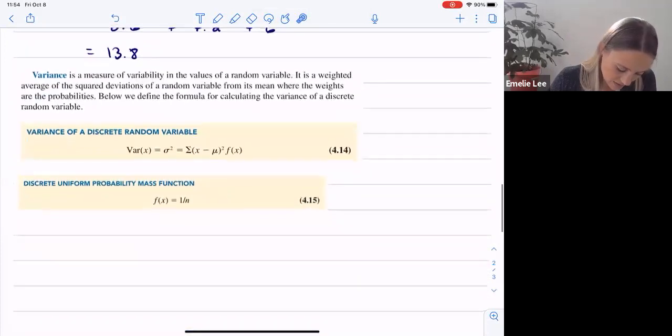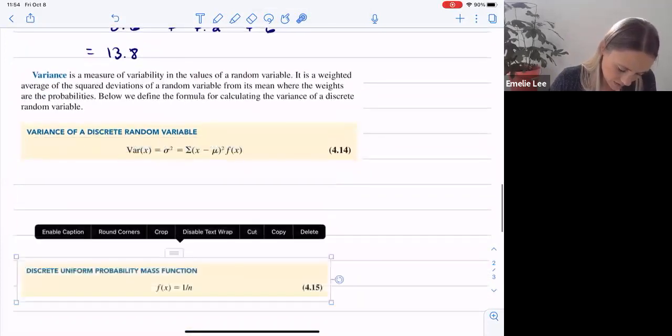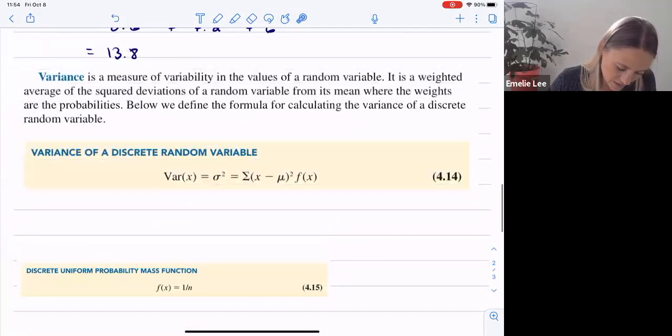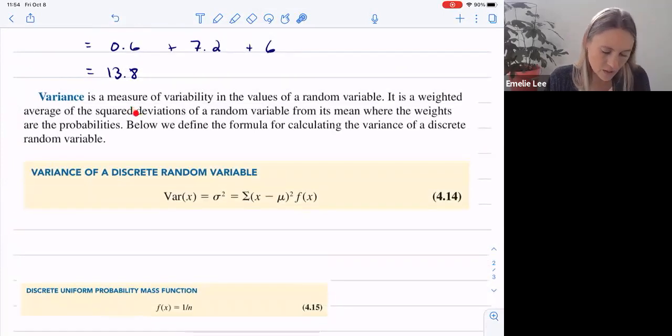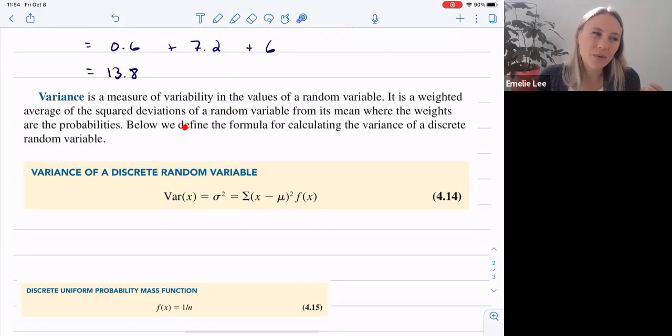The variance, and let me bump this down here. The variance is the variability of the values of a random variable. It's the weighted average of the squared deviations of a random variable from its mean, and we've seen that before when we had to calculate the standard deviation.